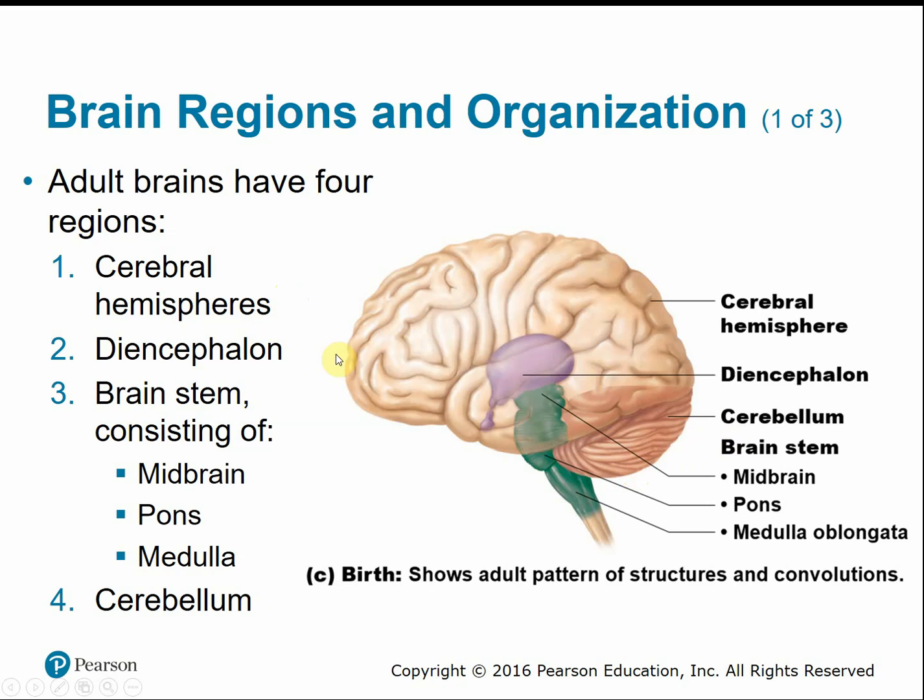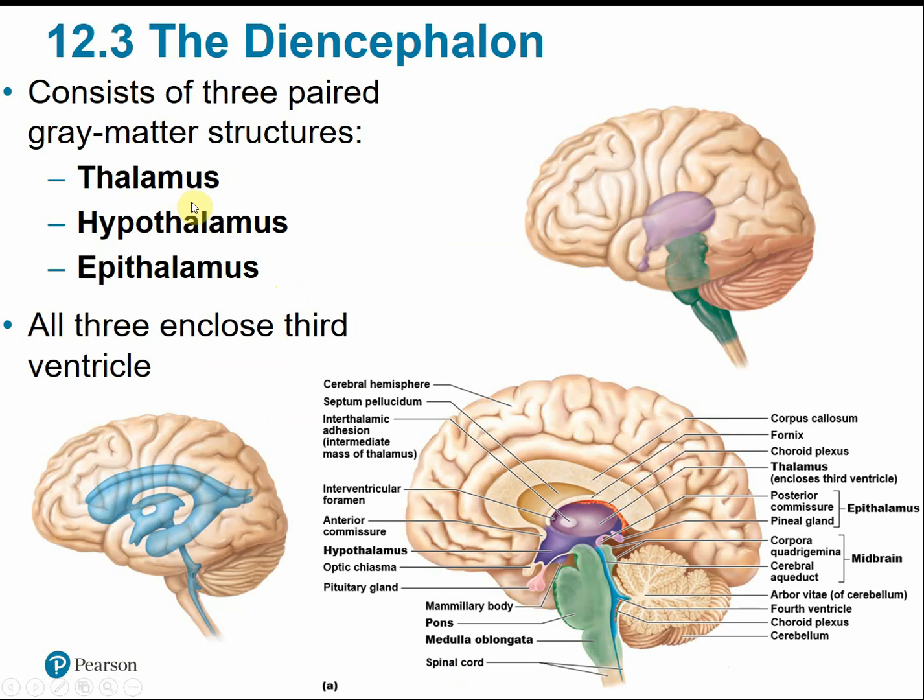Last section we talked about the cerebral hemispheres. So this section, Part B, will focus on these remaining brain regions. Starting with the diencephalon, this purple structure here. It consists of three structures: the thalamus, hypothalamus, and epithalamus.